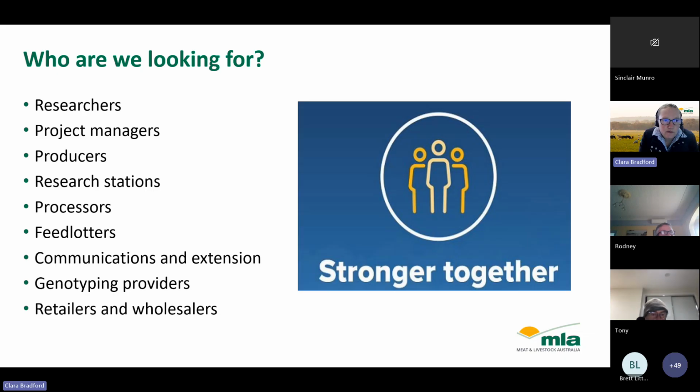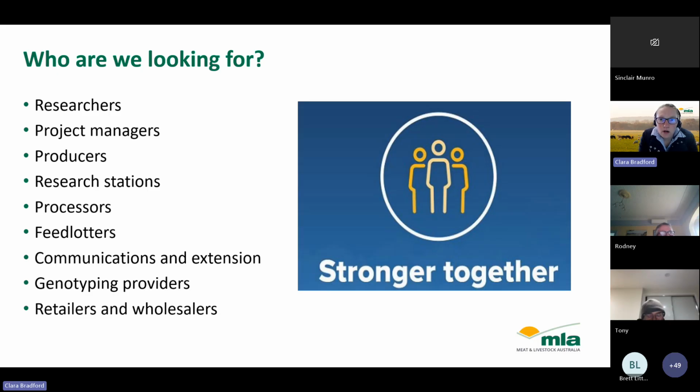So inclusion of working with our feedlotters so that they can go through those supply chains. Communication and extension personnel to help spread the message and the learnings that we get from the reference population process. Genotyping providers, so actually being able to work with those providers in collecting the DNA on all of those animals. And then we're also expanding and engaging with our retailers and wholesalers as well to demonstrate the value of those populations to those groups.